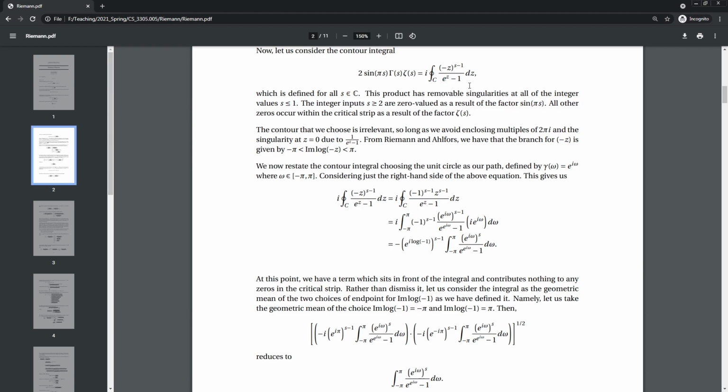And because there's a singularity, that will be sufficient to properly represent the function because we're integrating around that pole. Right? So we do have to avoid multiples of 2 pi i along the imaginary axis. And so the branch that we're going to choose is going to be defined.